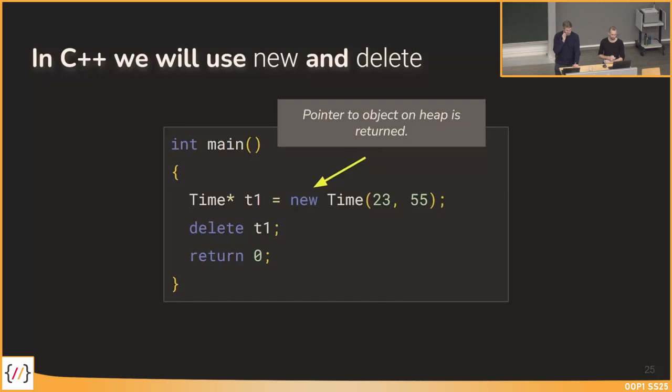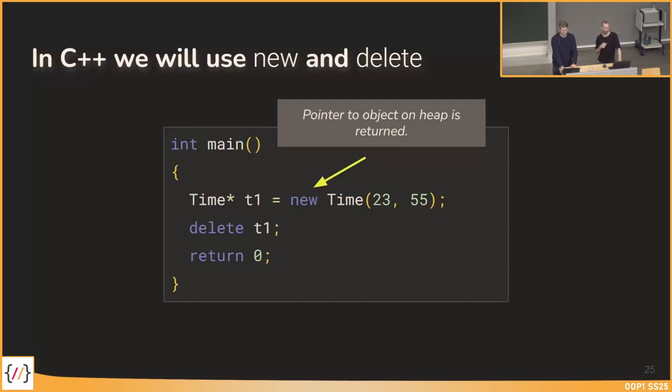So the new keyword gives us an object on the heap, or a pointer to an object on the heap. Similar to C, when we called malloc or calloc or realloc, and then we had to call free, we have to call delete here in C++.